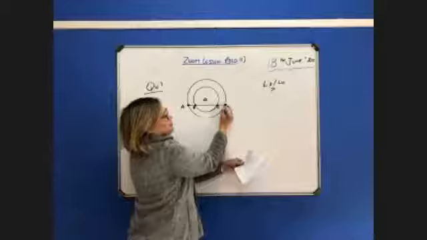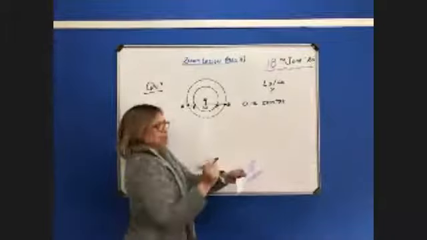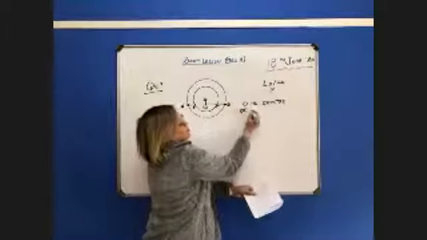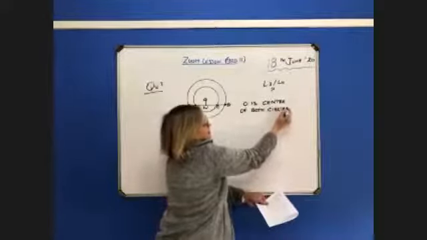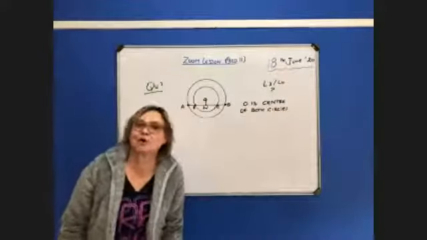Okay, so it's very important you read what they give you. They say the center. Now I made it easy for you. I just set up both circles. But there's actually a very clever word for that.